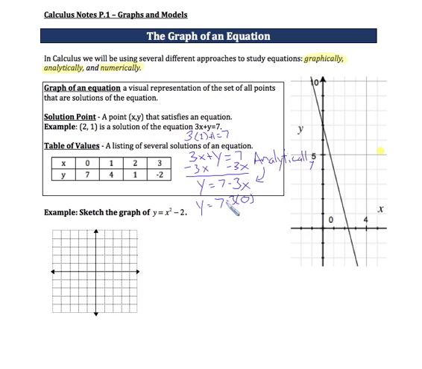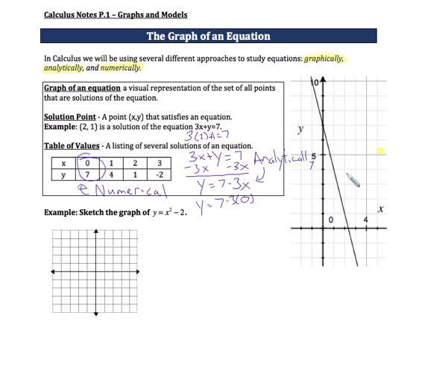So we have y equals 7 minus 3 times 0, and we're left with just y equals 7. You can see that's one of our solutions right here, (0, 7). If we take a couple of these points, (1, 4), (2, 1), (3, -2), we would call this a numerical approach, a listing of solutions to the equation.